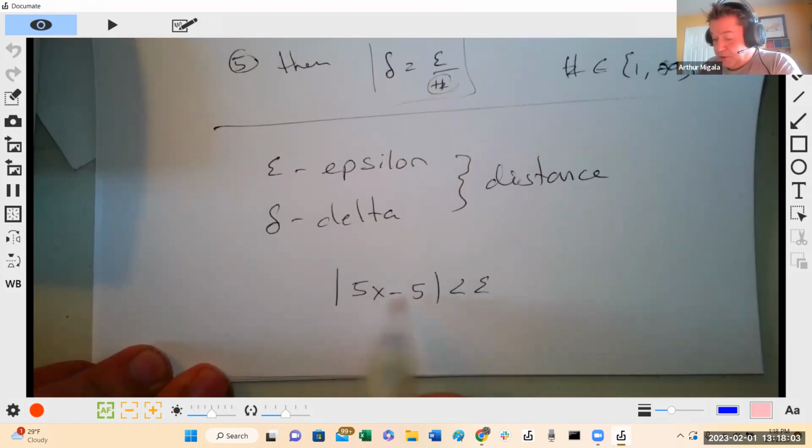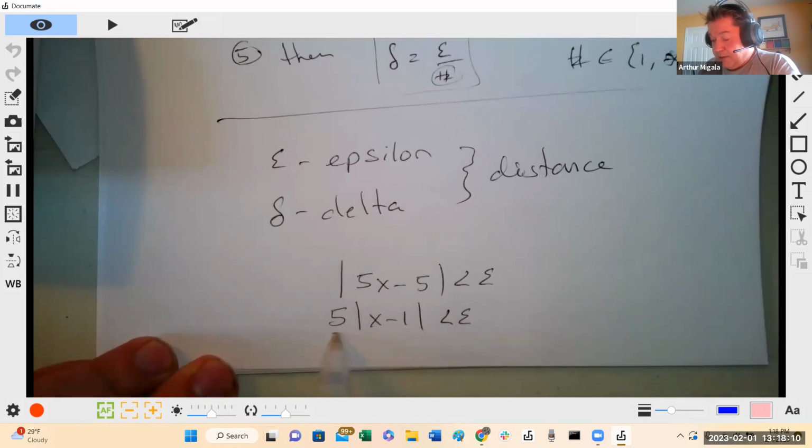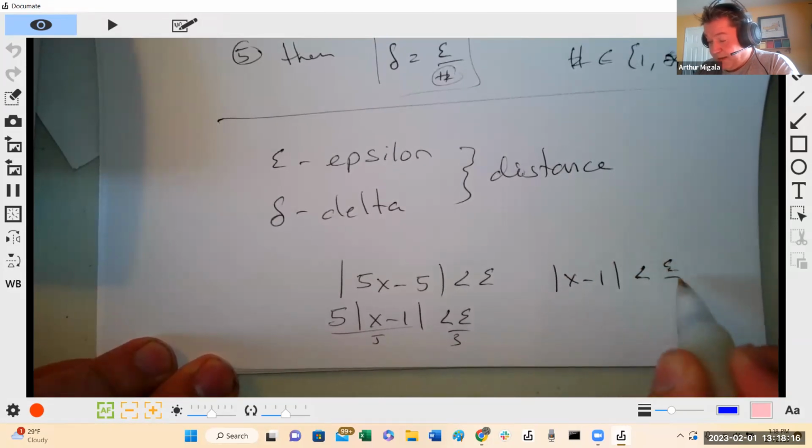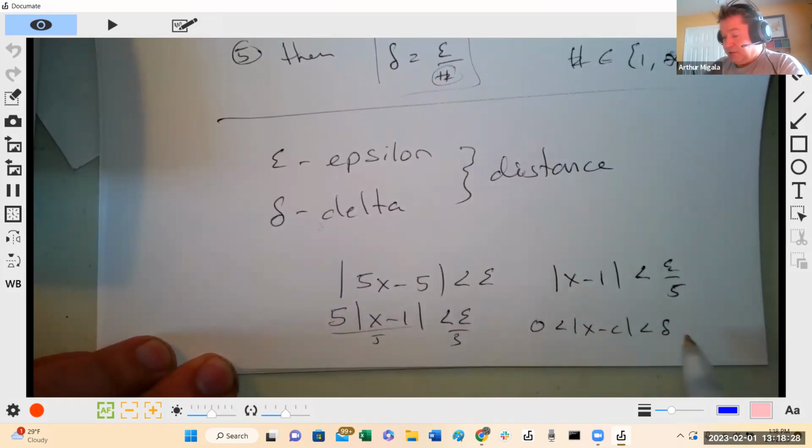So I factored out what I could, and then I divided by 5. So I have to have the absolute value by itself. But the other one, the delta one, that's always going to be just a delta, because it starts off with an x, so you can't factor anything out.